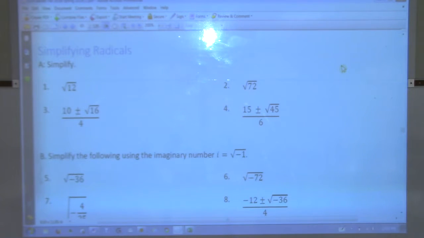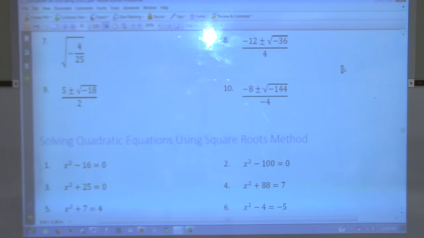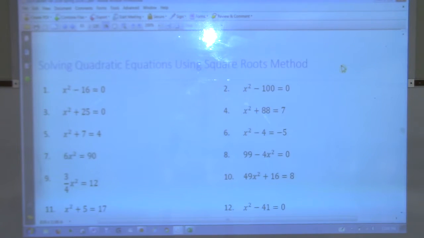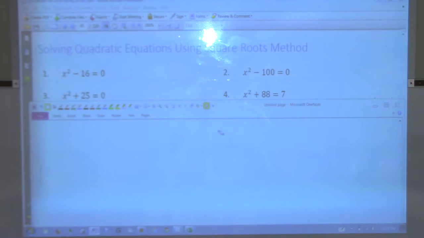All right, we are setting ourselves up here for something, and that is solving quadratic equations. So let me preface this with something.